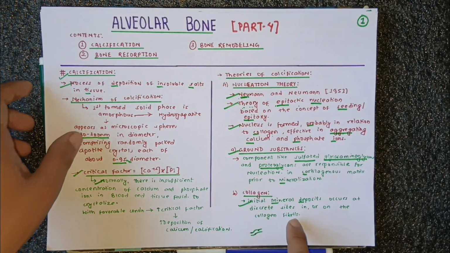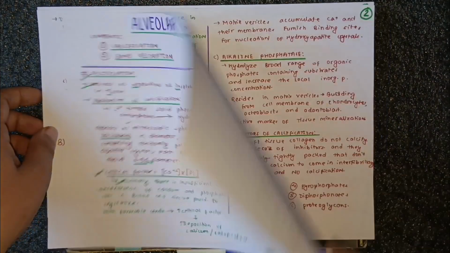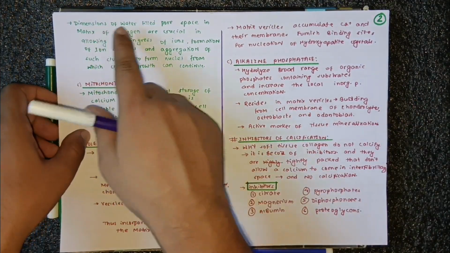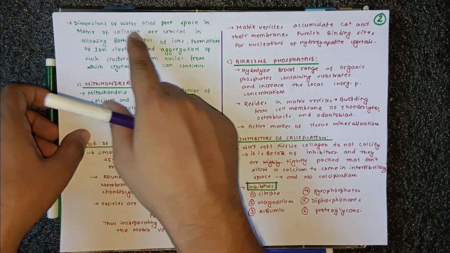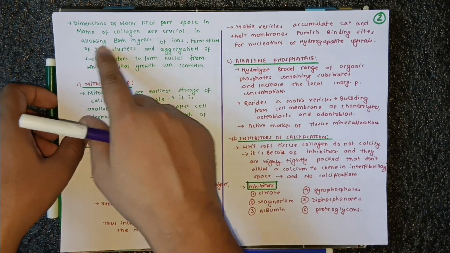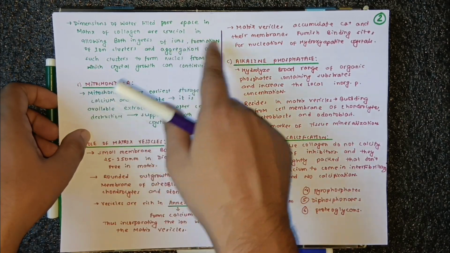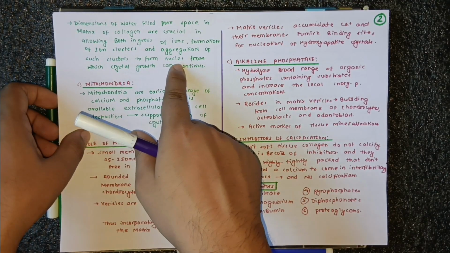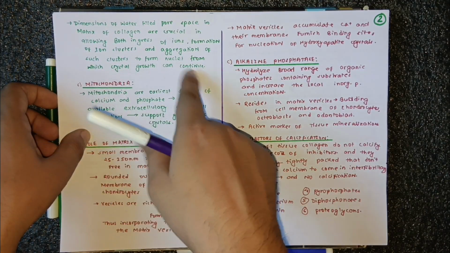At the discrete sites, minerals are deposited in the collagen. After that, the dimension of the water-filled pore spaces in the matrix of the collagen is crucial in allowing both ingress of the ions, formation of the ion clusters, and aggregation of such clusters to form nuclei from which crystal growth can continue.